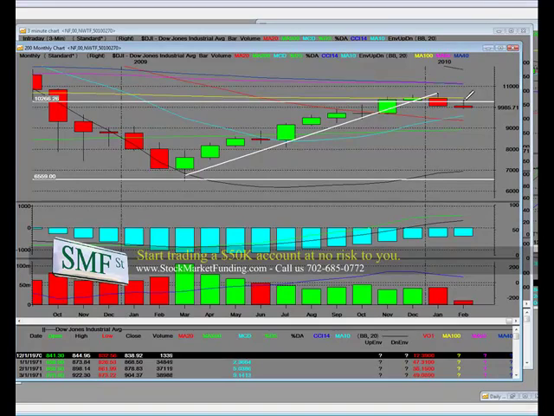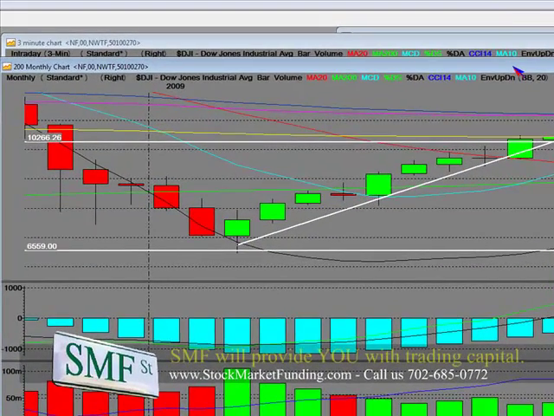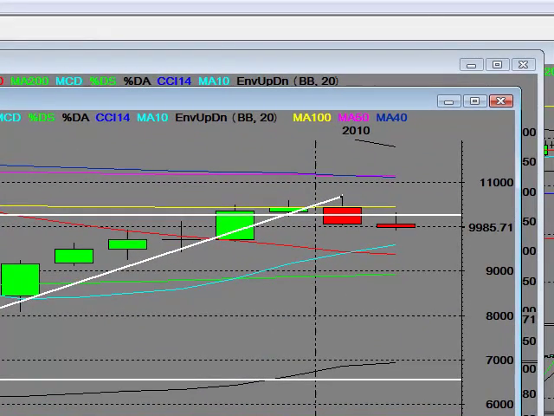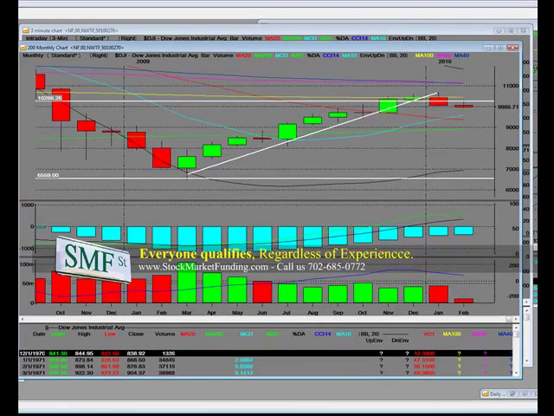If we were to close back above it, that's half of the monthly SMF Pro Trader bar. And I will show an example here as soon as I can get my application to work. My trend tool is that we would have to close above it. And that's going to be the confirming part.